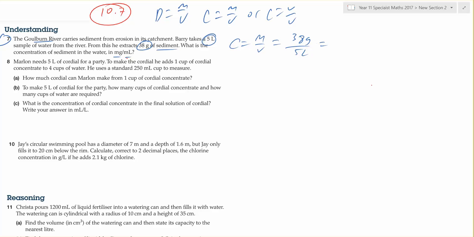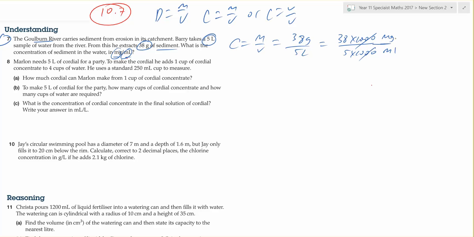Now, we don't want to calculate this yet because we want to find it in milligrams per mil. So we know that for each gram, there are 1,000 milligrams, and for each litre, there are 1,000 mils per litre. So this will be milligrams per mil, which is what we're after.